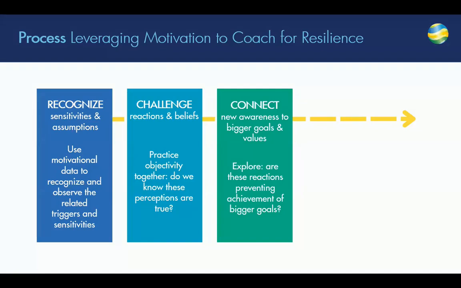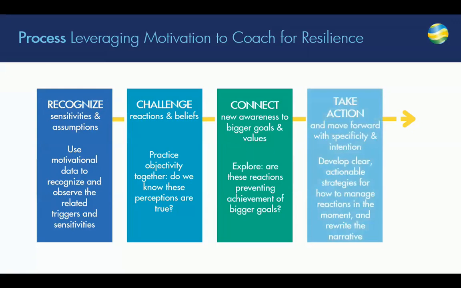What am I trying to achieve here overall? Are these reactions, sensitivities or assumptions helping me or hurting me? Are they getting in my way? Maybe they're helping me sometimes, but other times they might be getting in the way of what I'm actually trying to achieve in life. And then, based upon that exploration, to start to take some action.